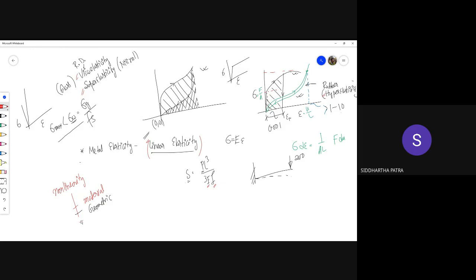The third type of nonlinearity can come from contact. Imagine there is a bar which is free to elongate, but then there is a stop in front of it.